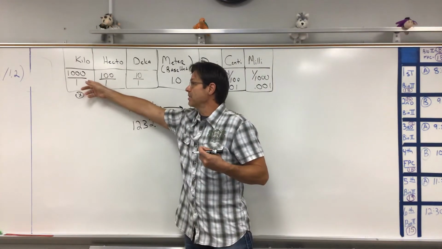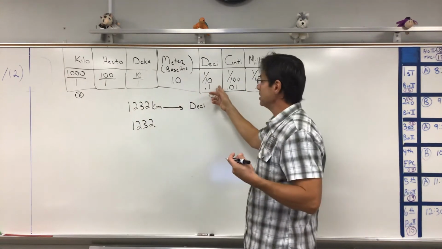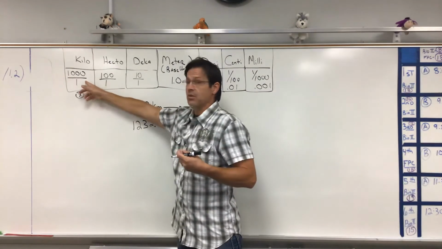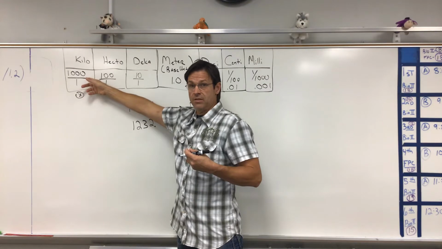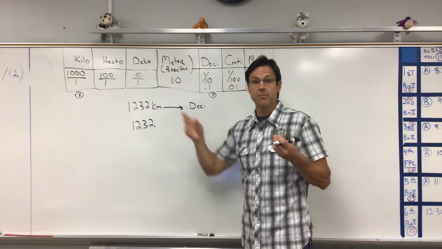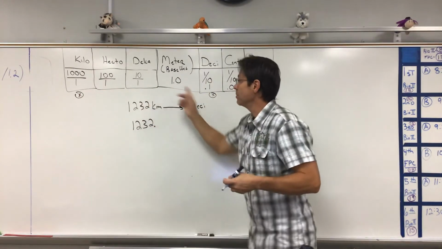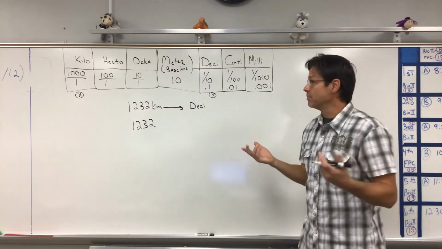This is 1,000 over 1, 1,000 units, and this is 1/10, so this is a really big unit, okay? That means it takes a lot more of the littler units to make one of those. So in your mind, you should also be saying the number's going to get bigger. My answer is going to get bigger.